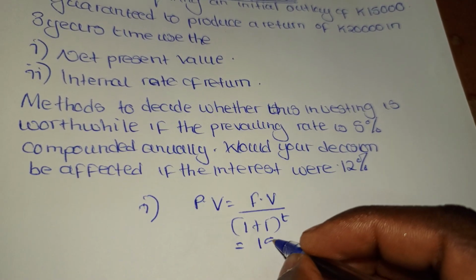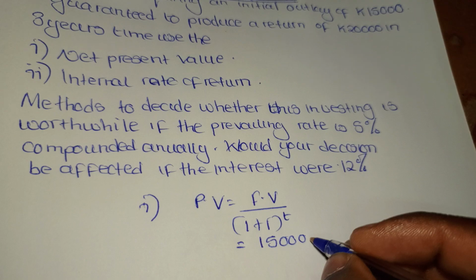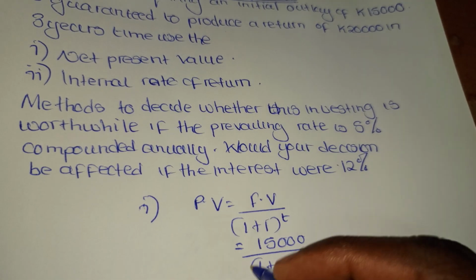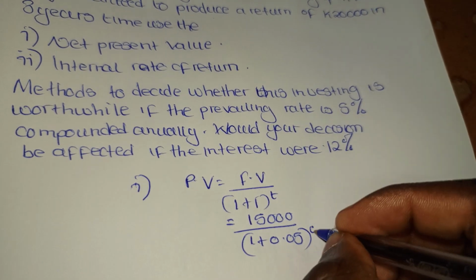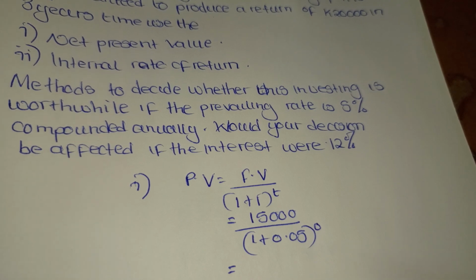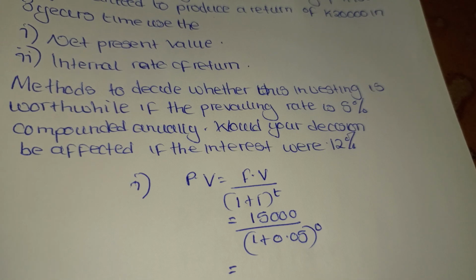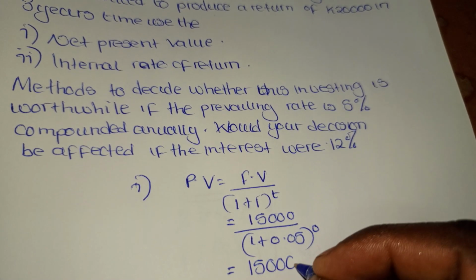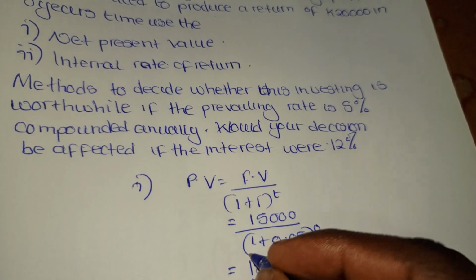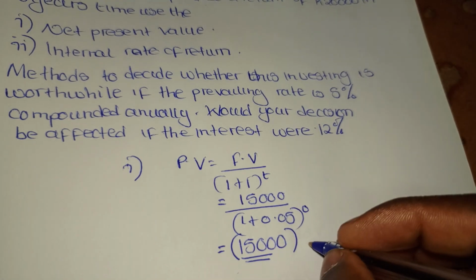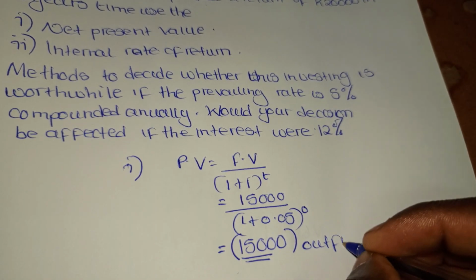The rate is 5%, which is 0.05, and the time is 0, because the start of everything in the business is at 0. Then we divide 15,000 by 1.05 to the power 0, where you still have the same 15,000. So this 15,000 is what is referred to as the cash outflow of the business.